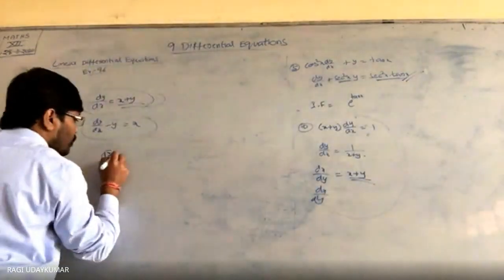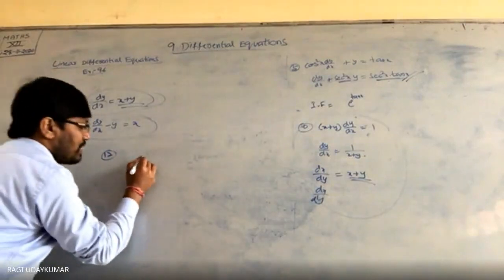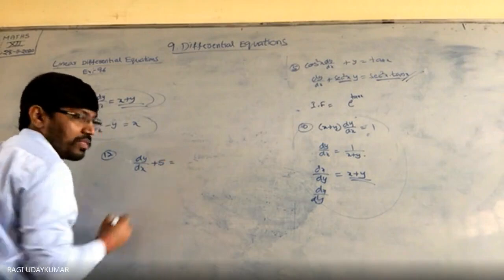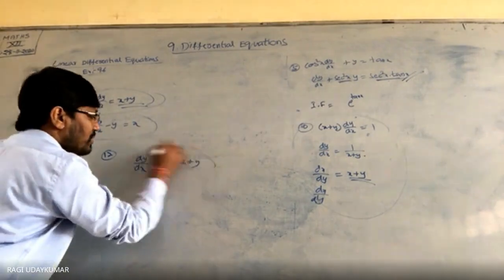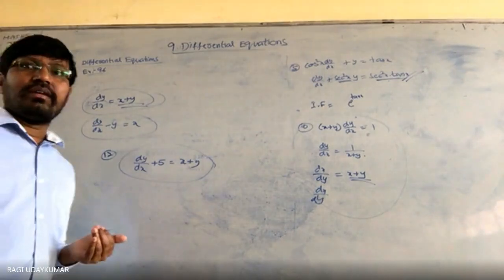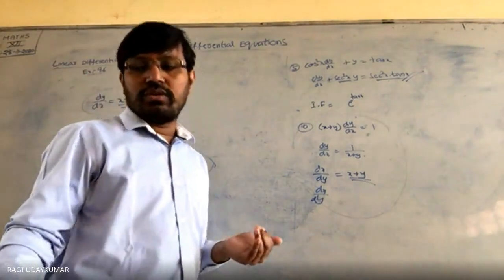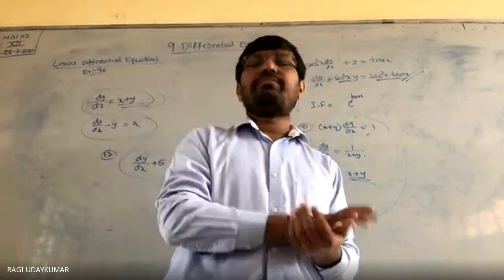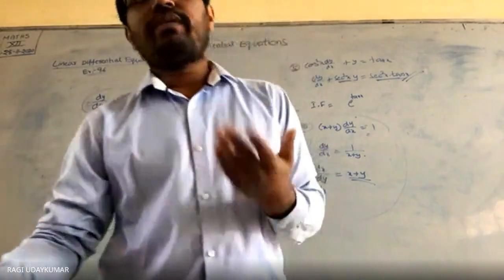The slope, which is dy by dx at a particular point, exceeds the sum of the coordinates. So this is the differential equation. You need to find the particular solution and eliminate c by substituting the point x equal to 0, y equal to 2.